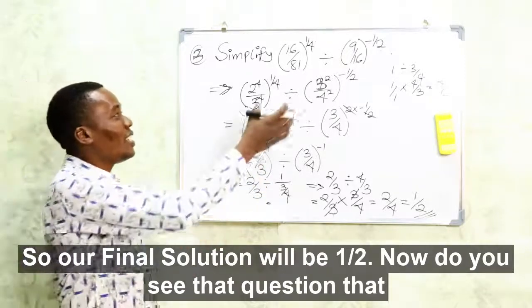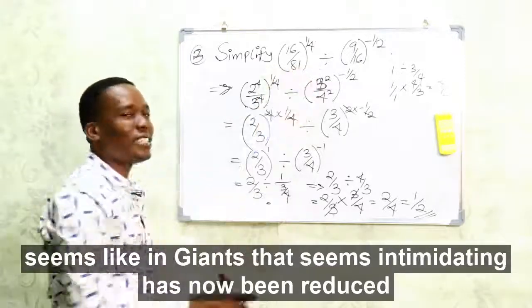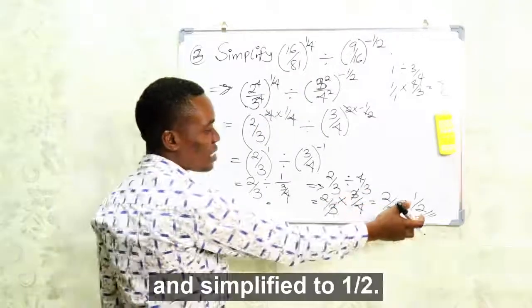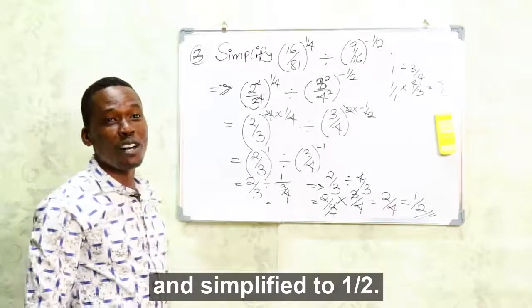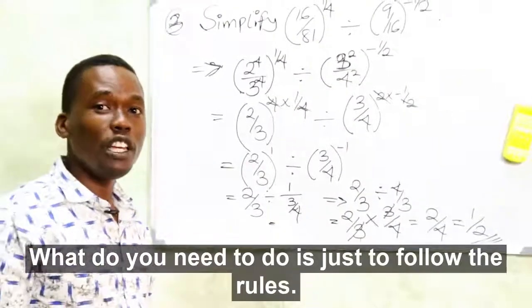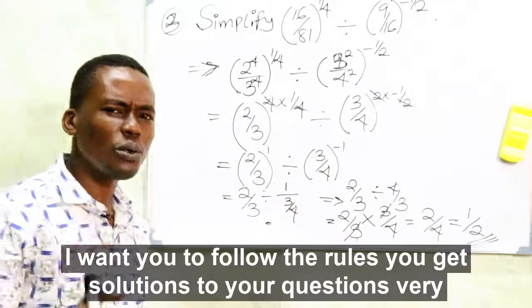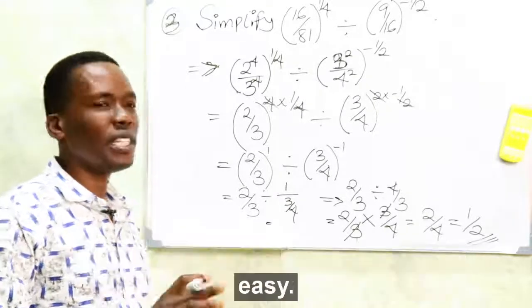Now, do you see that the question that seemed like a giant, that seemed so intimidating, has now been reduced and simplified to 1 over 2. All you need to do is just to follow the rules. And once you follow the rules, you get solutions to your questions very easily.